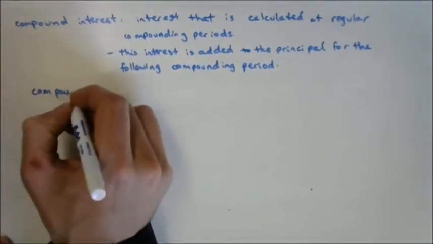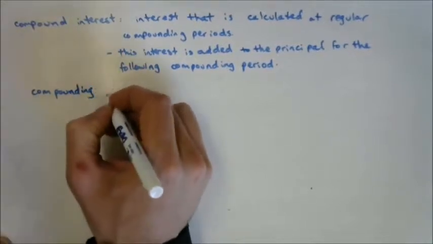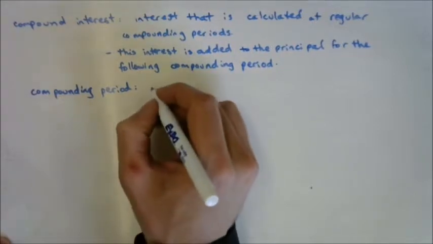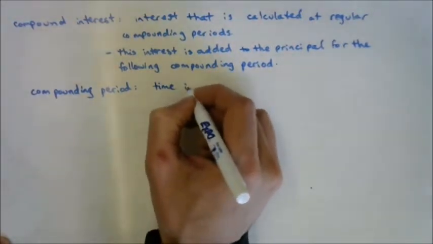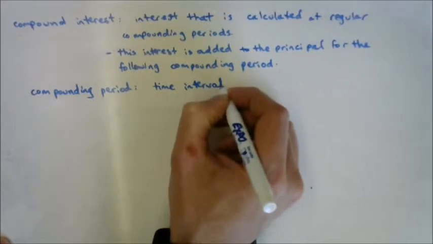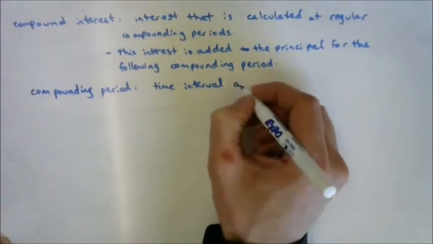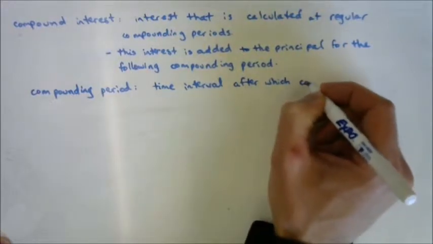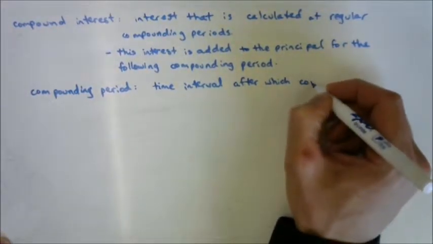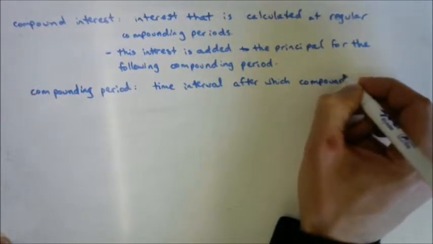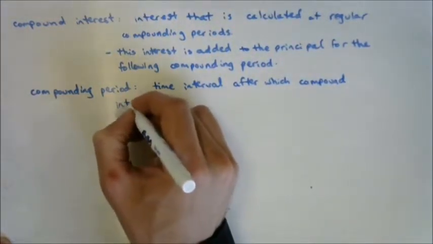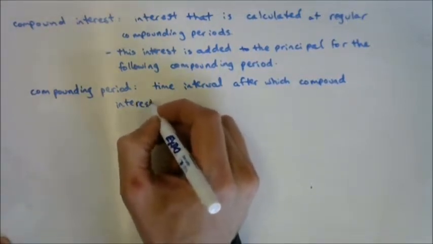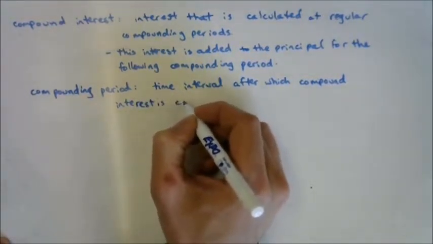We need to know what a compounding period is then. Compounding period is the time interval after which compound interest is calculated.